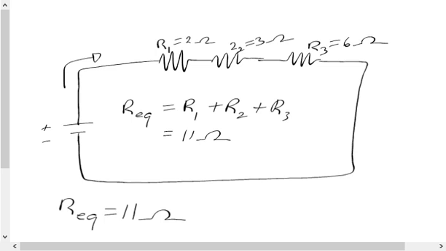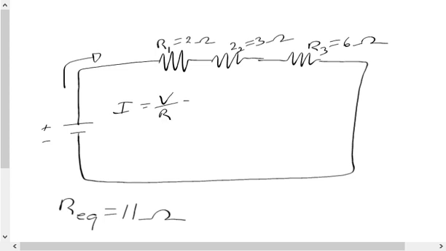All right, so now that we've found the equivalent resistance across the circuit, we now want to find the current. Well, current is equal to V over R, so we need to know the voltage of the system. So let's make this a 12-volt battery. That's a pretty typical number to use. So a 12-volt battery would give us 12 volts over a resistance across the entire circuit of 11 ohms.